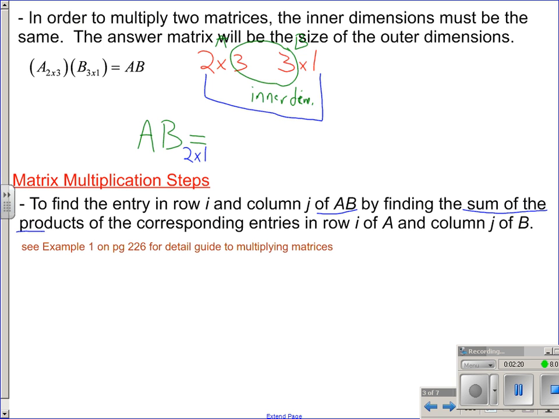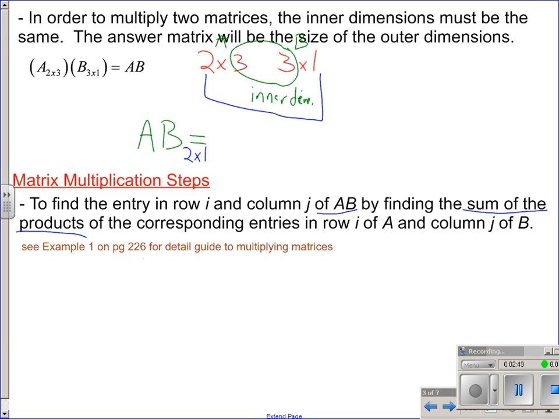You are adding up the products of the corresponding entries in the row and the column: the entries in row I of matrix A, and the entries in column J of matrix B. Everything with matrices is row by column. So we're going to add up the products of the entries in the row multiplied by the entries in the column. Seems a little bit weird.